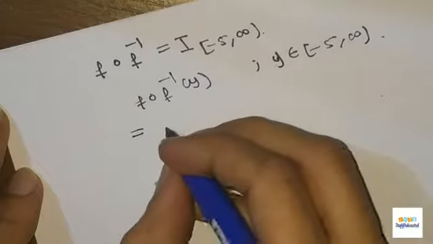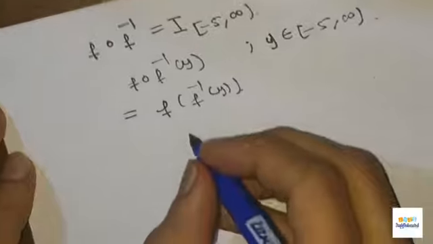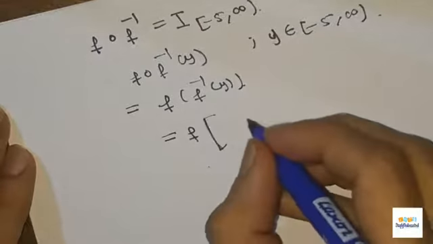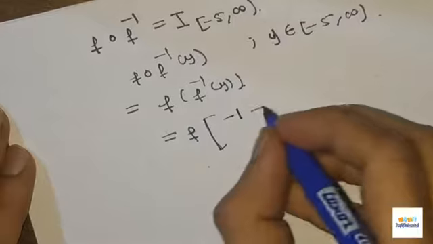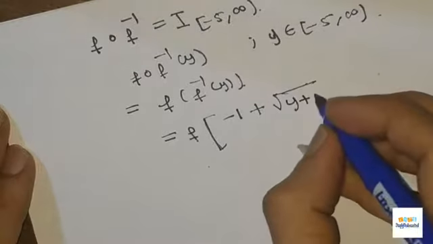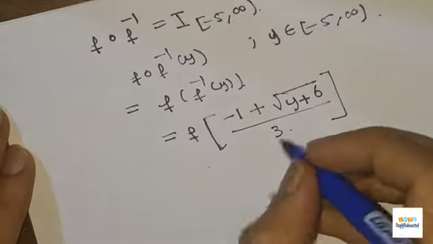Now what will be this? This is f of f inverse y, which is equal to f of f inverse y by definition is minus 1 plus root of y plus 6 divided by 3.